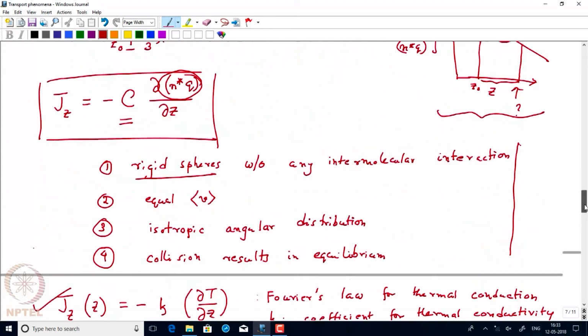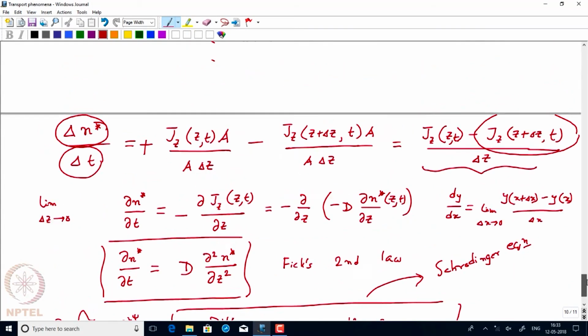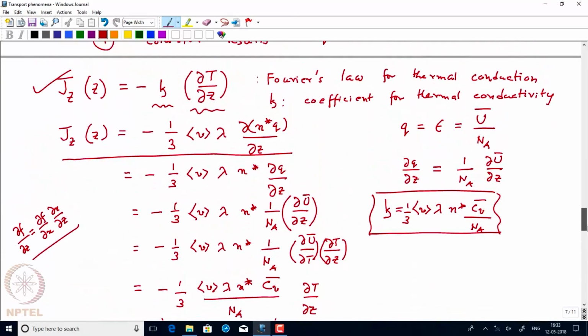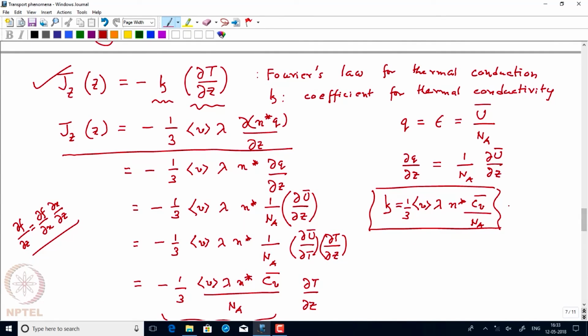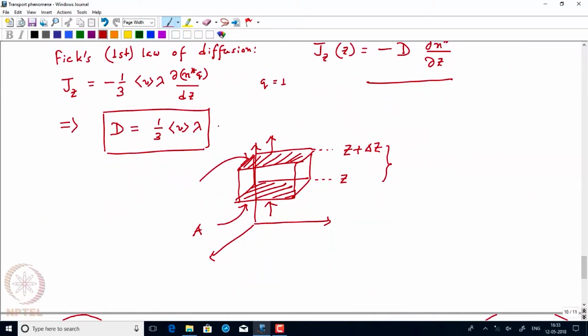Using the analytical expression we derived, you can get a mathematical formula for those coefficients: we derived it for the viscosity coefficient, for the thermal coefficient kappa, and also for the diffusion coefficient.